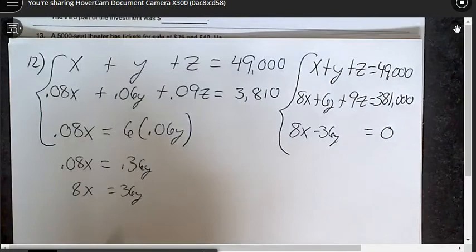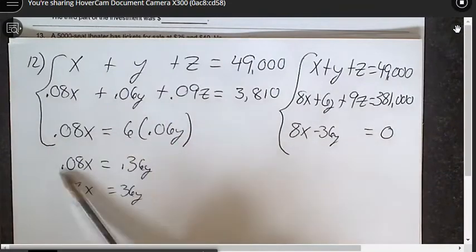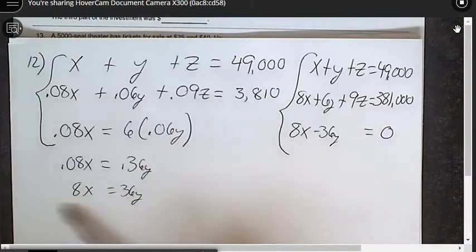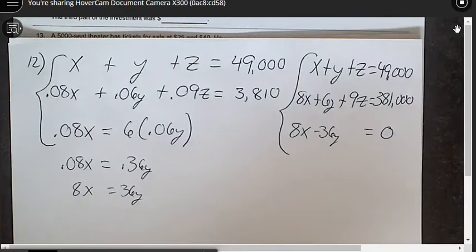Okay, so this is originally what we had, just pulling out all the information from the question, taking this one and actually multiplying out to get here. We don't like decimals, so then we multiply it by 100 to get rid of all the decimals, and then just rearrange it so everything is in X, Y, Z equal to some number form. That way everything is all lined up.